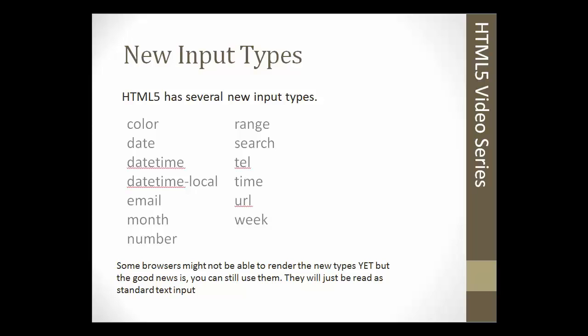Before, in HTML4, all we had was the input text, password, checkbox, radio, and a couple others. But now we have color, range, search, different date pickers, email, and URL. I'm going to go through these real quick in this slideshow, and then the second part of the section will put this to work in our project.